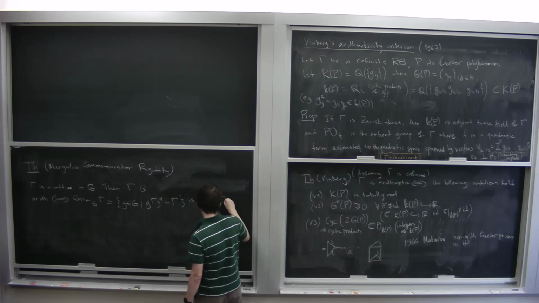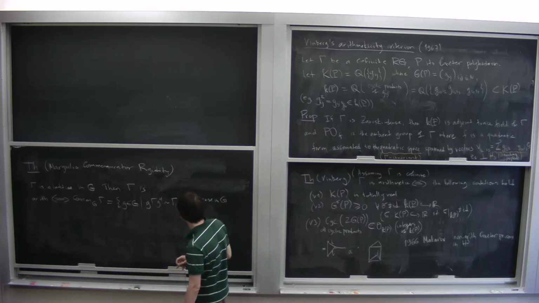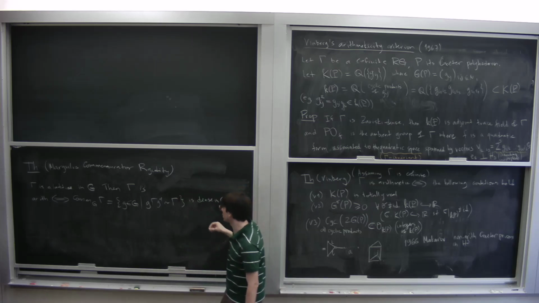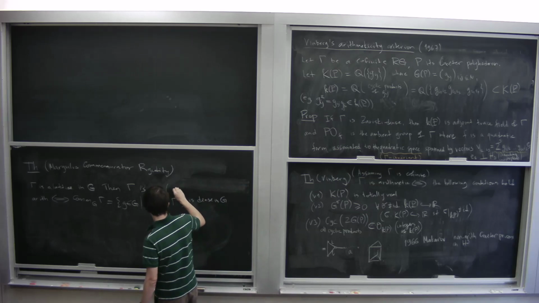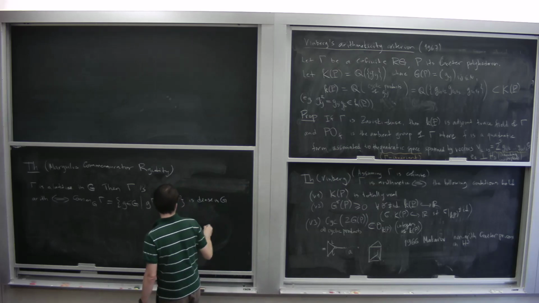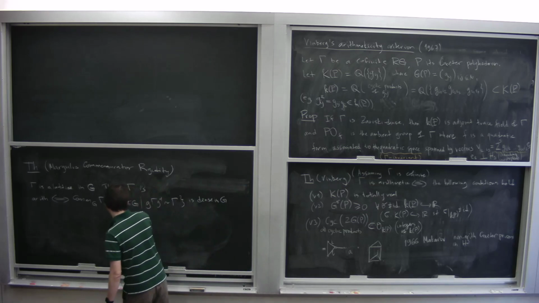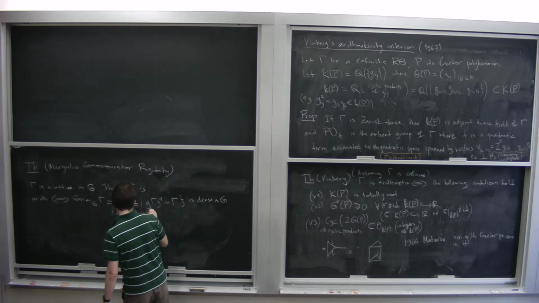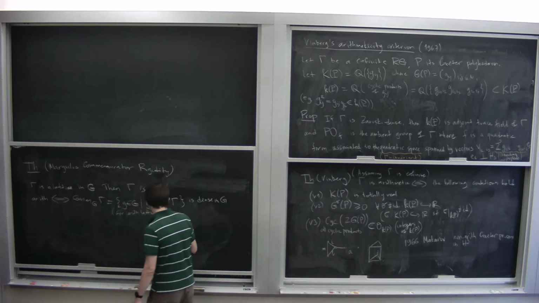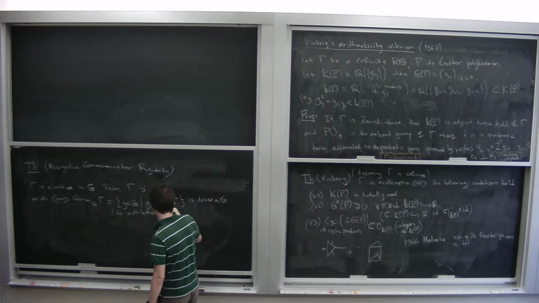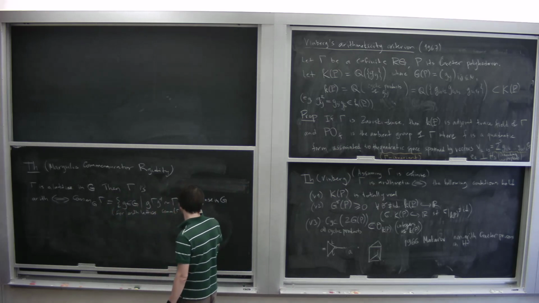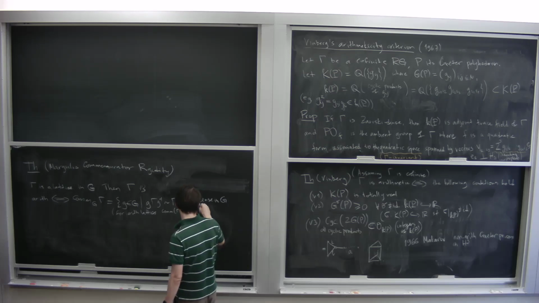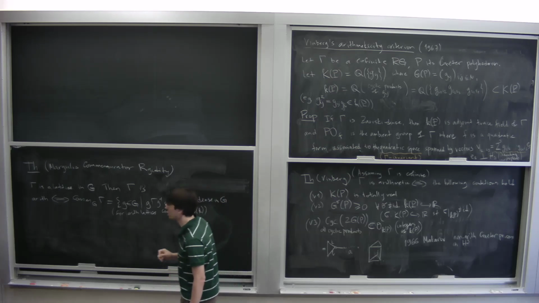And in fact, in the assignment, I gave the problem that for arithmetic lattices, one can show that the commensurator of gamma contains the group of rational points, right?